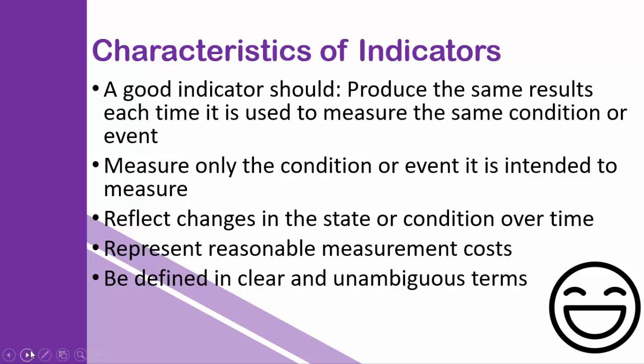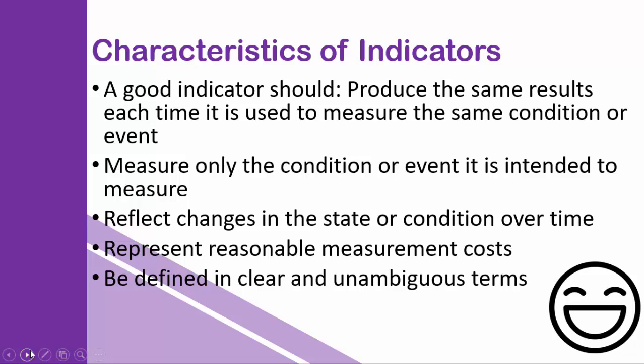So a good indicator should have the following characteristics. Okay? Produce the same results each time it is used to measure the same condition or event. Measure only the condition or event it is intended to measure. Reflect changes in the state or condition over time.